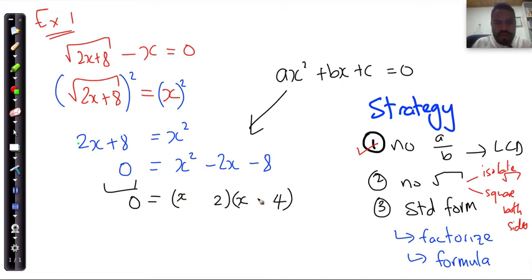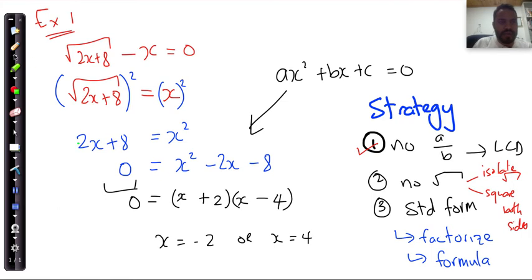The negative goes there and the positive goes there, because this last term tells me that the signs are different and the biggest of them will take the negative. Now if I use the zero product property, I can clearly see that this implies that x is equal to negative 2 or x is equal to positive 4.